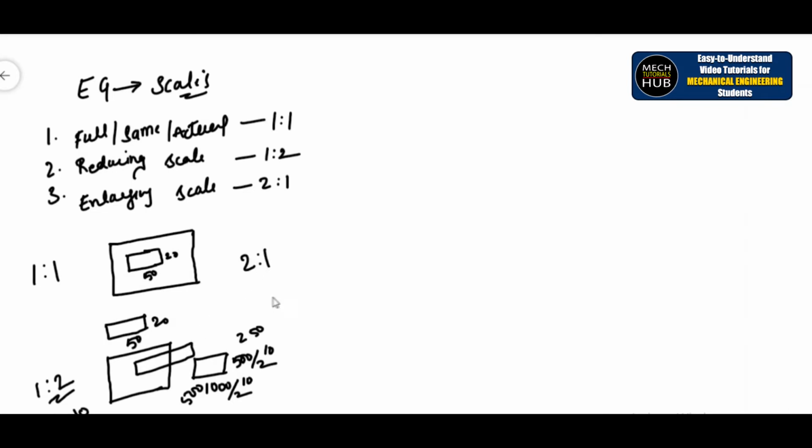Similarly, 2:1. Why we go with 2:1 is, for example, there is again the same kind of drawing sheet, but you want to represent a small component, a small entity, which is very minute, which can't be visible properly with the naked eye. But you can increase the size of this particular component, you can increase the scale of the component and show it.